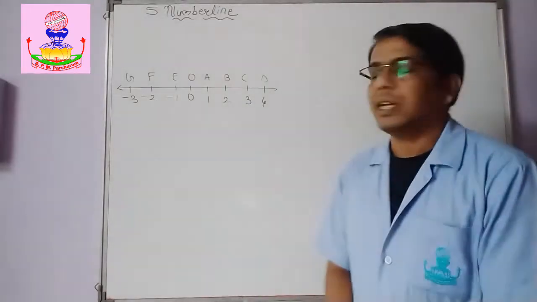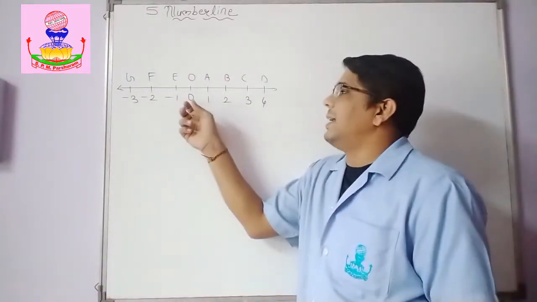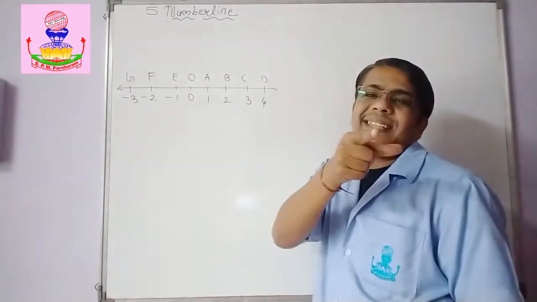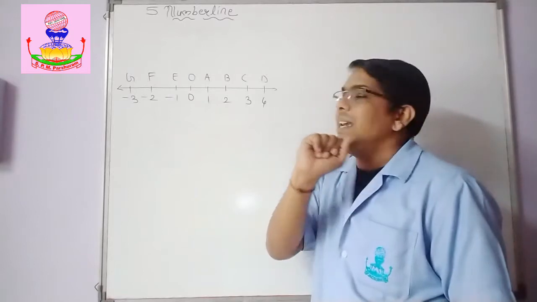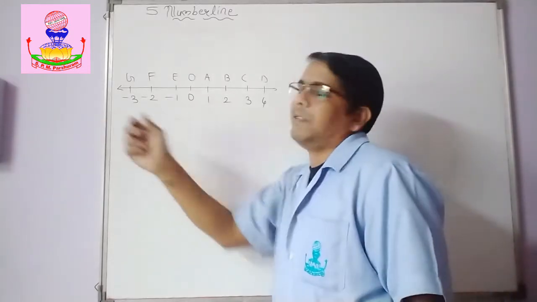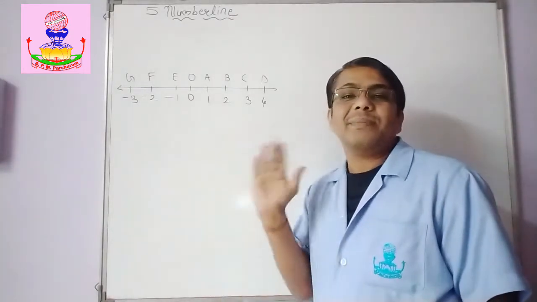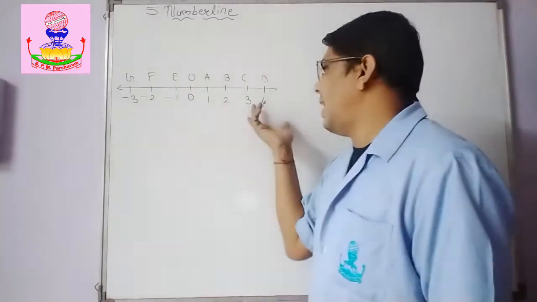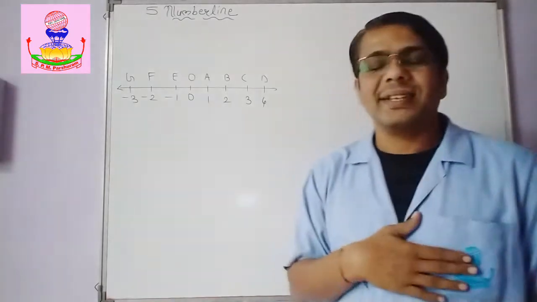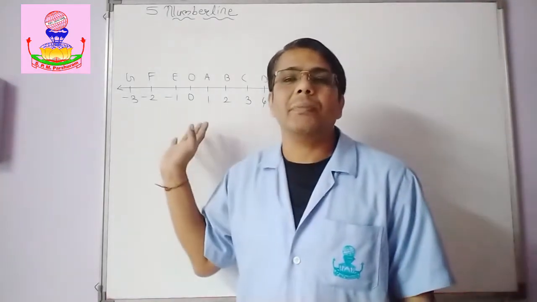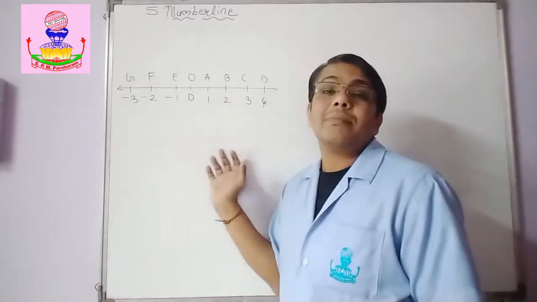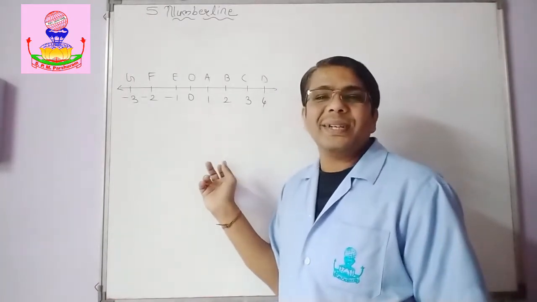Then one more thing, when we go towards the right hand side, the numbers go on increasing. And when you go towards the left hand side, the numbers go on decreasing. Now, here I have represented integers. We can represent natural numbers, whole numbers, integers, as well as rational numbers on the number line.